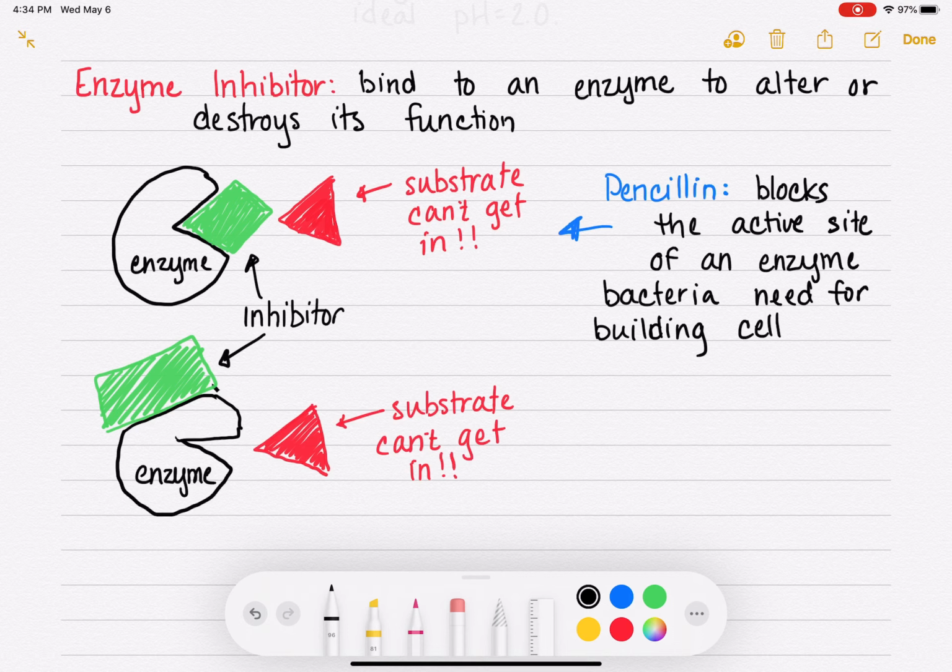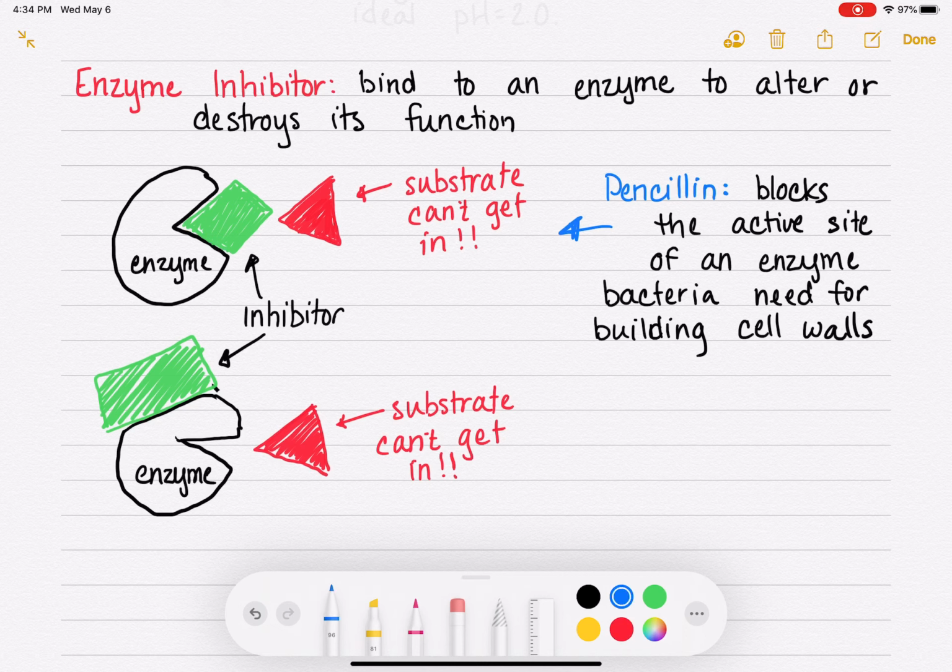So penicillin inhibits the production of bacteria's cell walls. So they cannot continue to reproduce. They can't continue to make new cells, and that allows your body to fight off the infection.